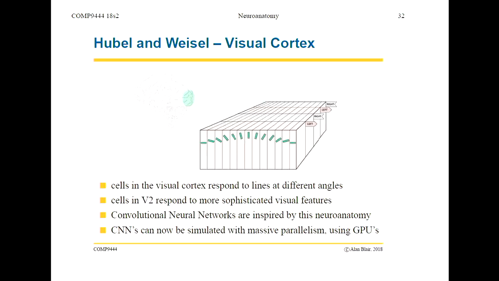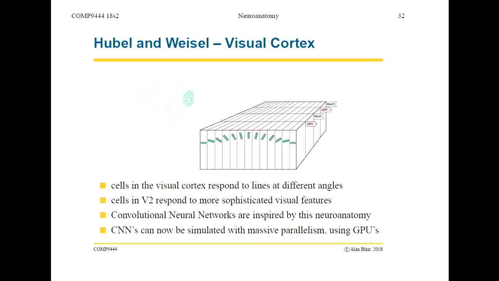Now, I should say there was a bit of controversy about this, because at the time Hubel and Wiesel originally claimed that there's some critical period, and that if these cats were not exposed to the vertical lines within a certain period, then they'd never be able to see them.